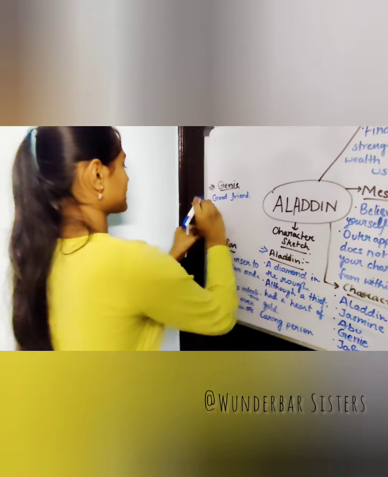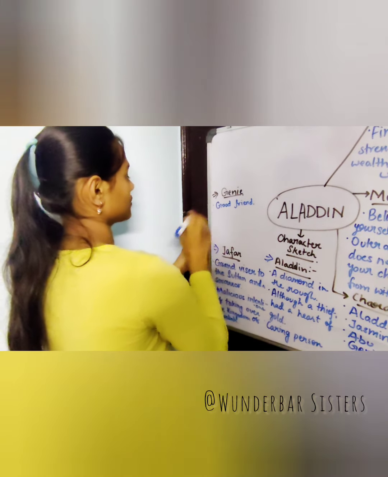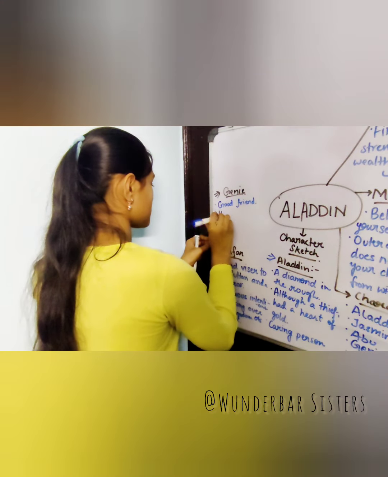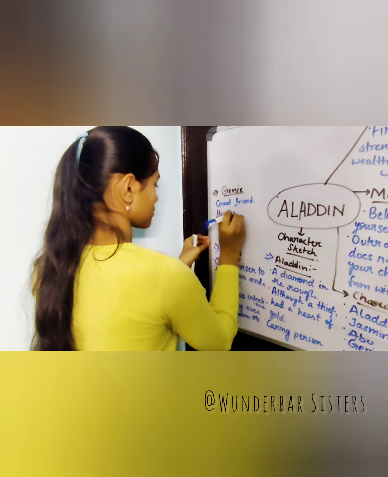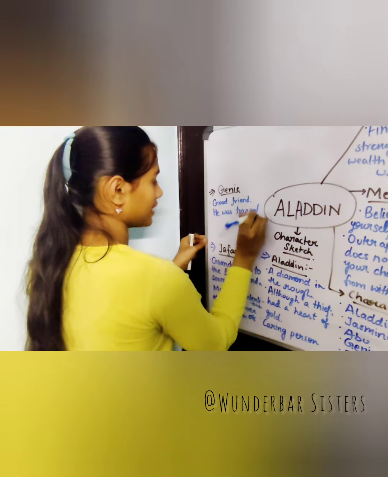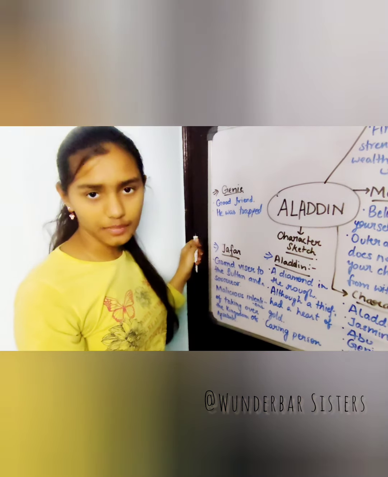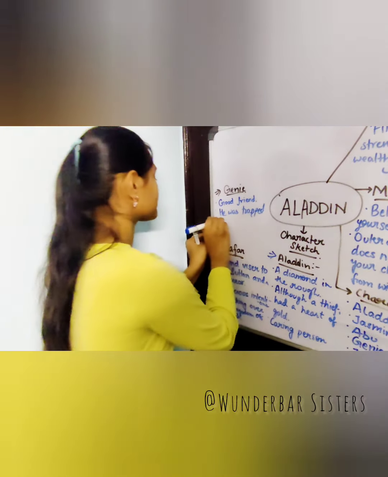We can write the next thing as, we can write that he was trapped because he wanted to go free from being a genie. So obviously that shows that he was trapped in the lamp.